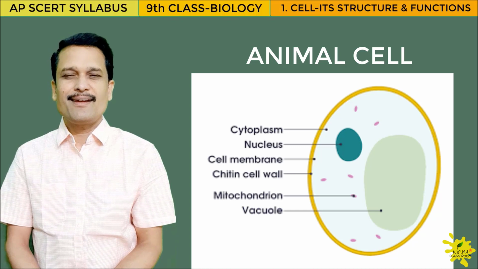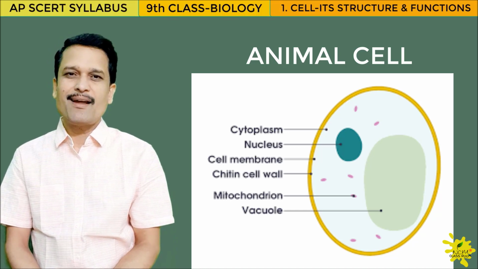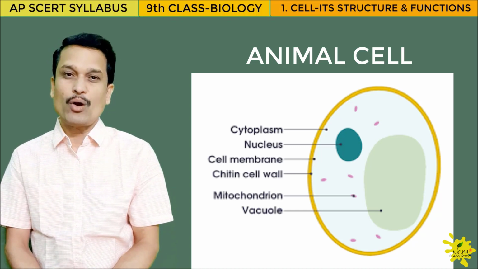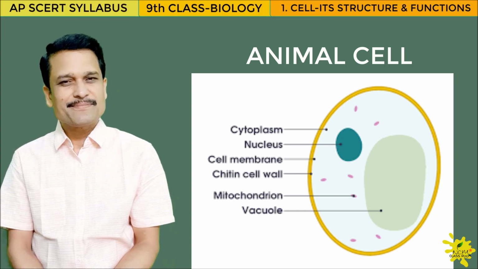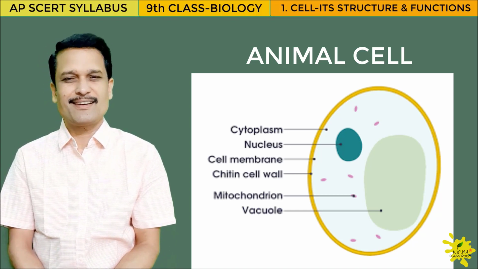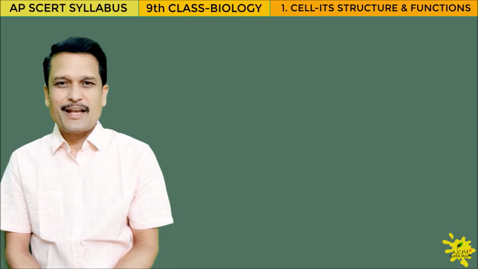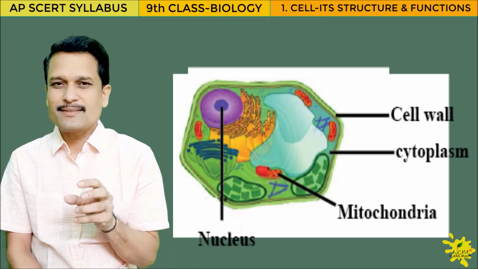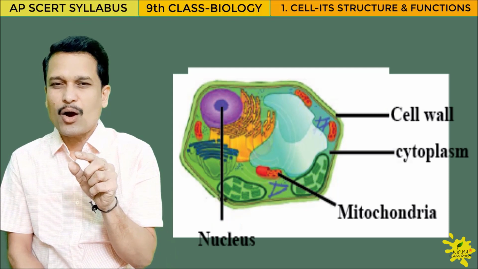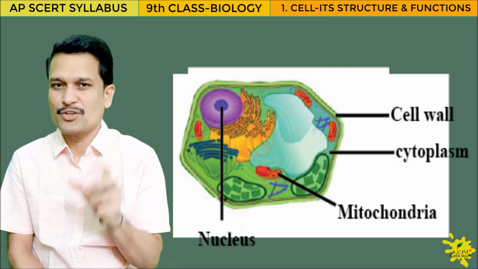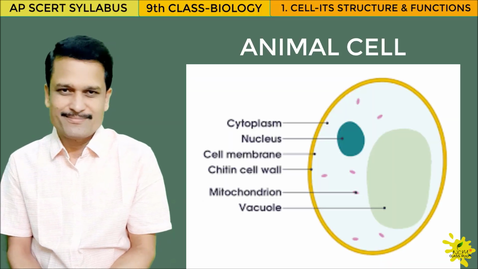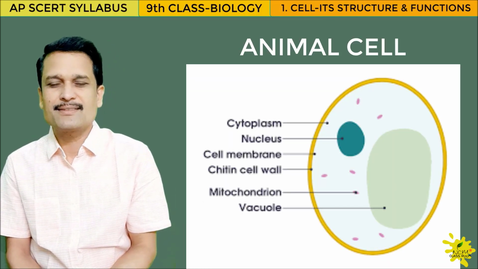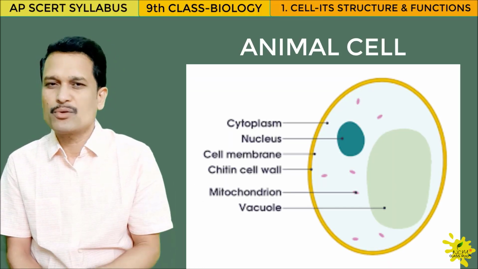Are there any dark colored, spherical or oval dot-like structures present in the cell? Yes, the answer is yes. As we know, in plant cells the nucleus is at the corner of the cell because the vacuole is larger and occupies the center. But in animal cells, the vacuoles are almost absent.